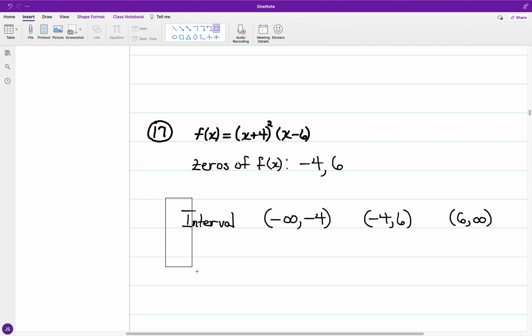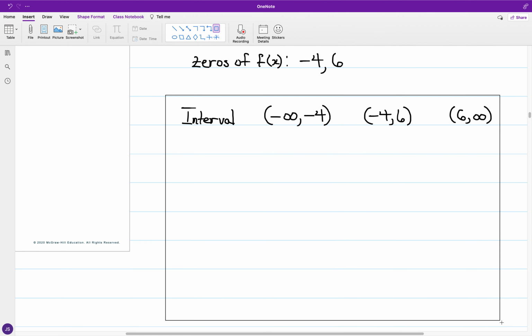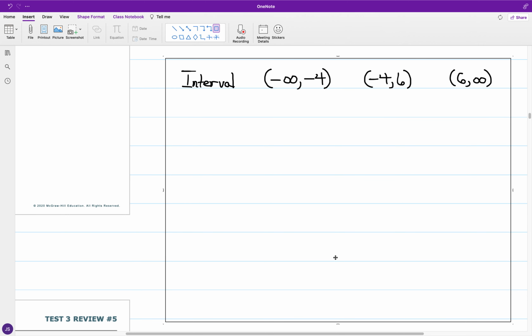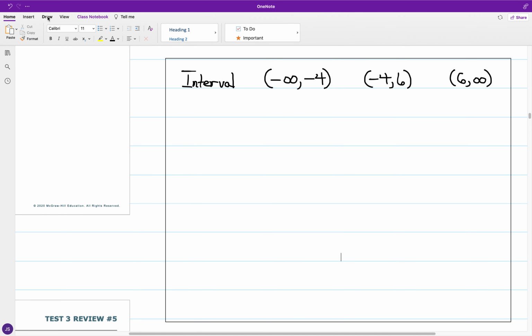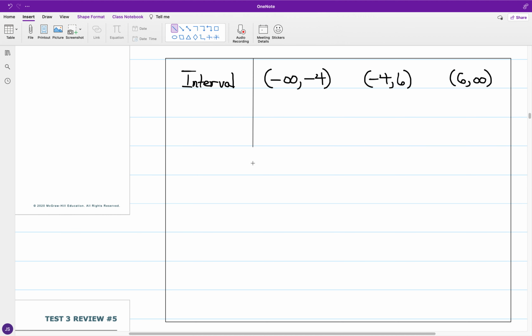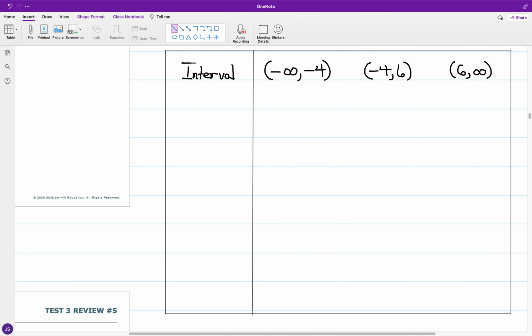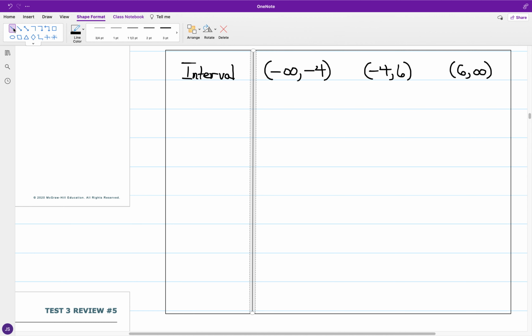Placing these intervals in a table, we've got our distinct intervals, and now we're about to enter the phase of applying test values throughout.